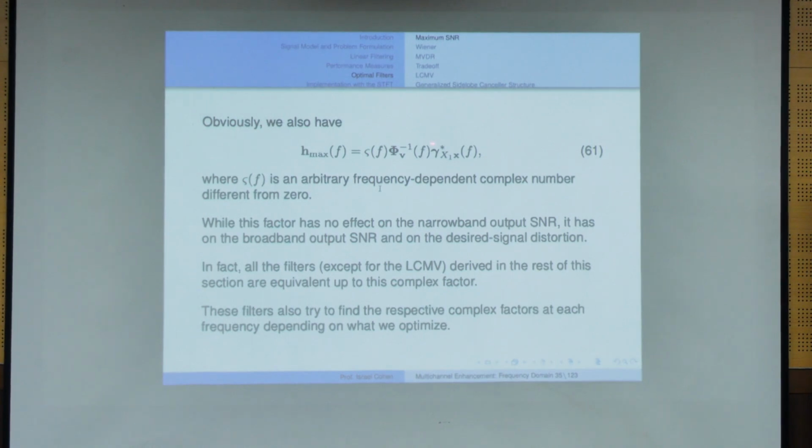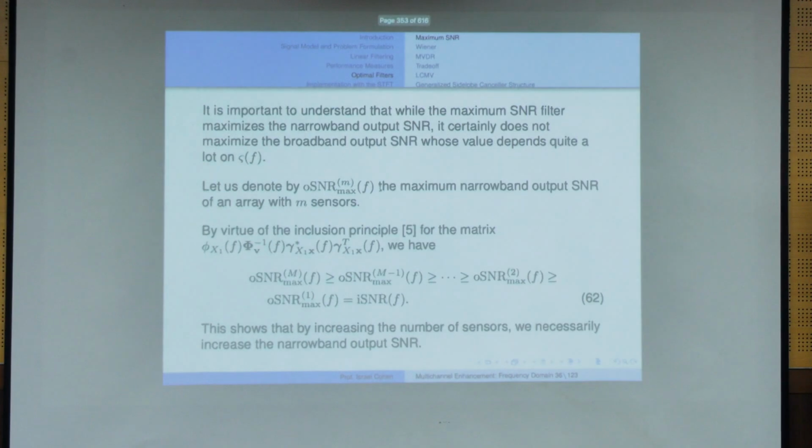So if I use this vector and I put it in the expression of the output SNR, when we have M sensors compared to when we have M-1 sensors, we can show mathematically, and this is a nice exercise if you want to prove it, that the output SNR is an increasing function of the number of sensors.